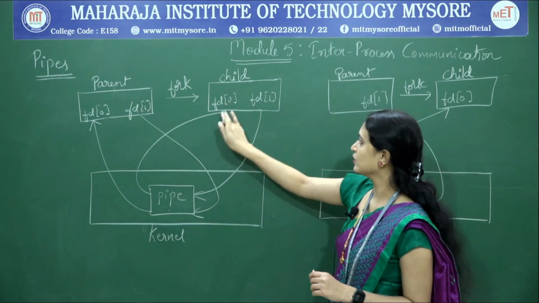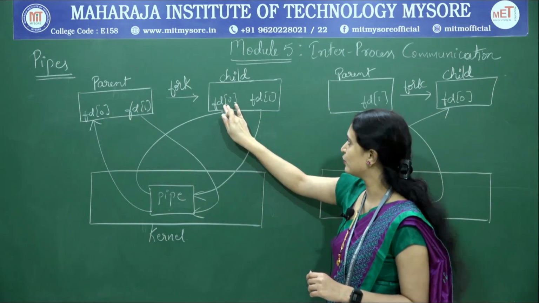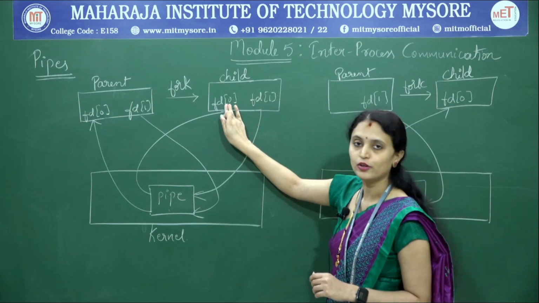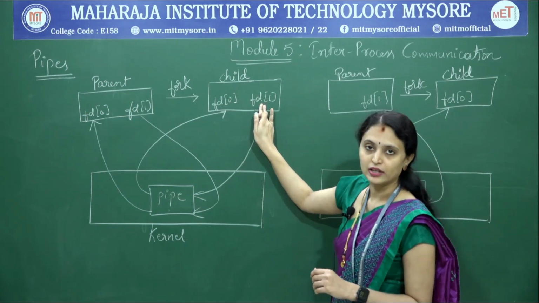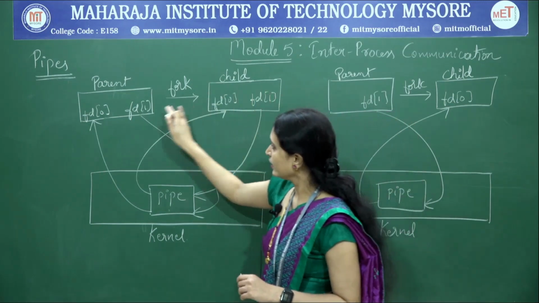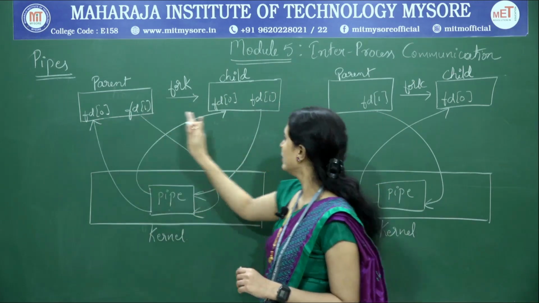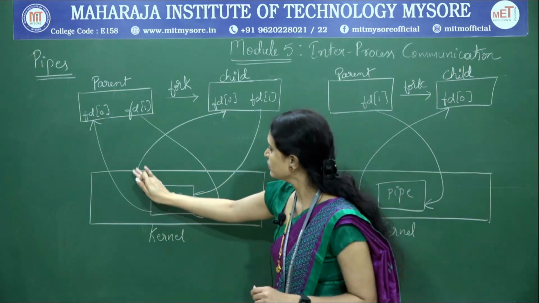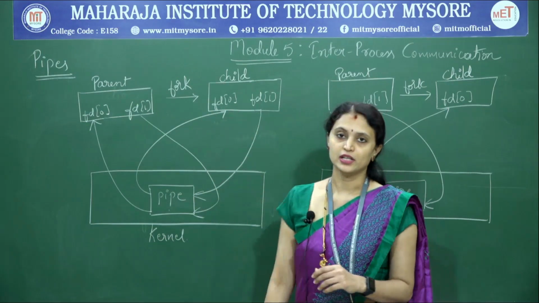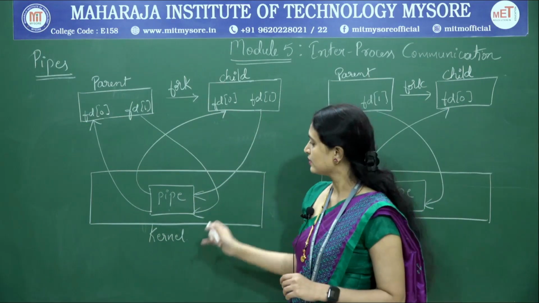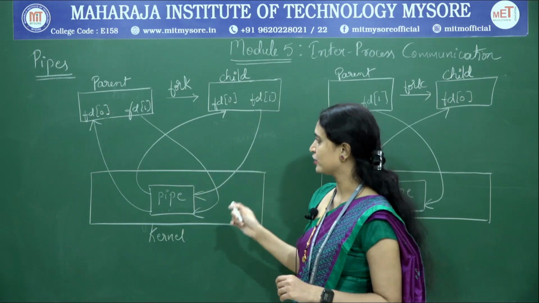Similarly here in the child process also we have fd of 0 and then fd of 1. This is for reading and fd of 1 is for writing. Okay. So again fd of 1 should be input to fd of 0. Okay. So this is the representation of parent-child relationship.